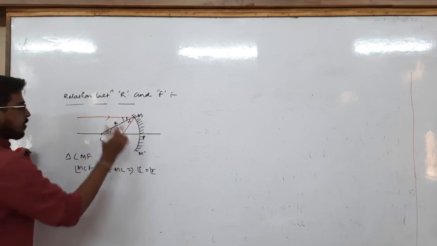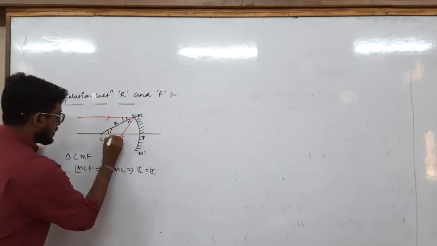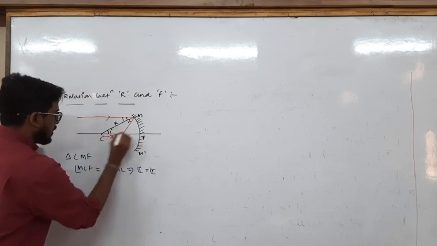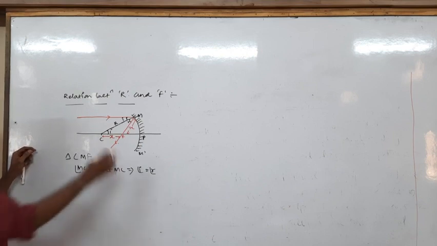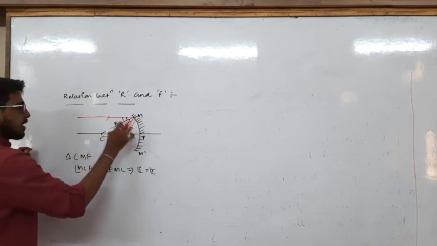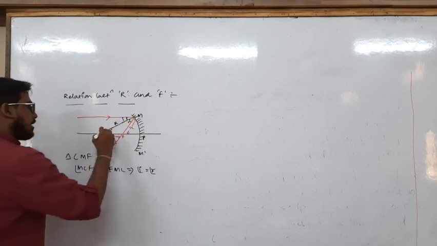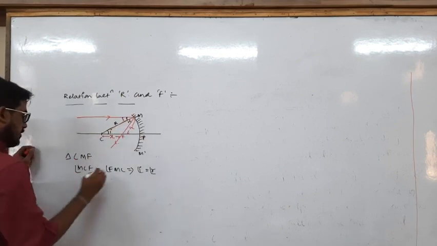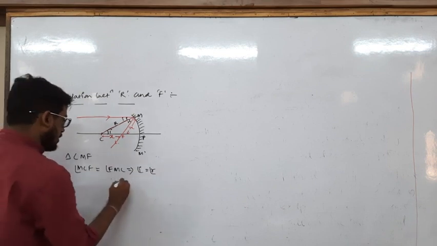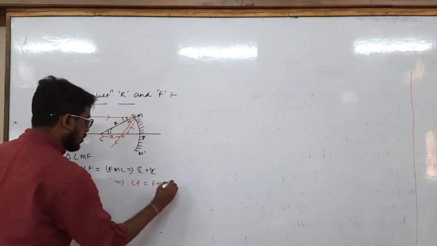So if i equals r and this distance is x, then this distance is also x. Both are x, and this is the radius of curvature CM. So you can write CF equals FM equals x.